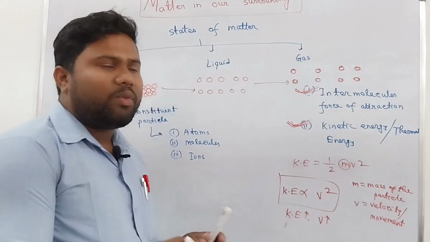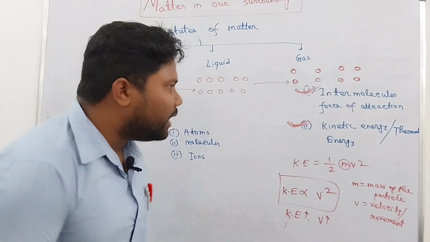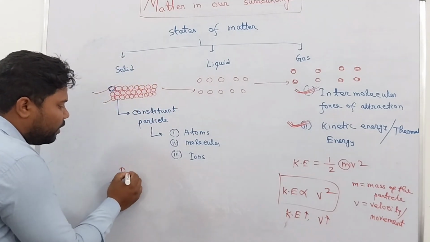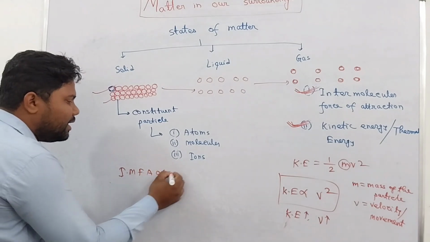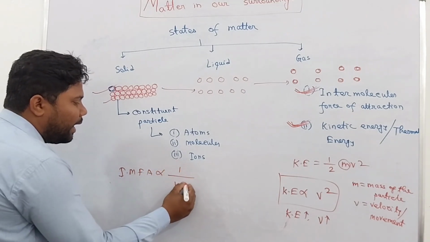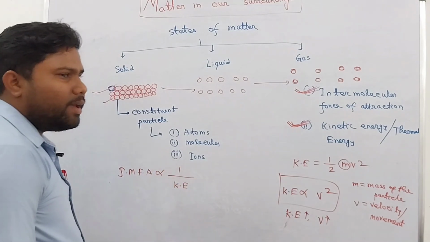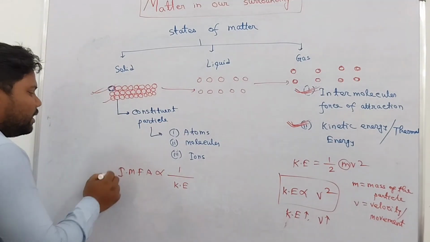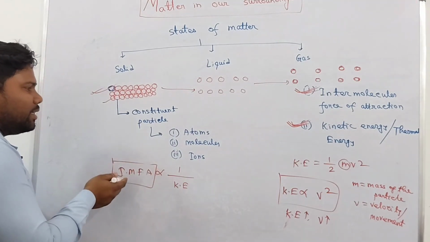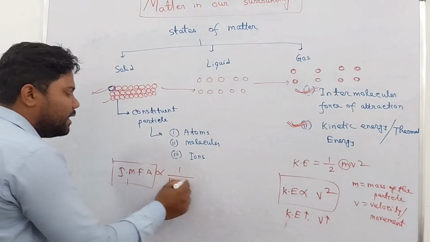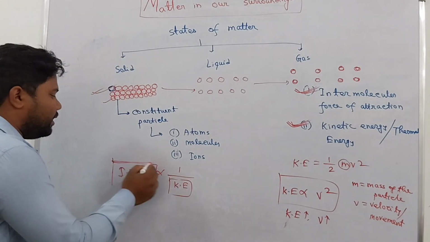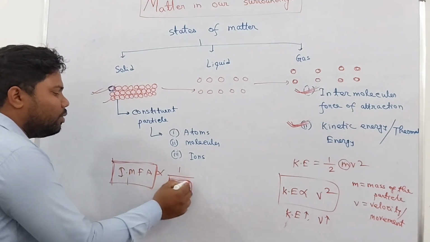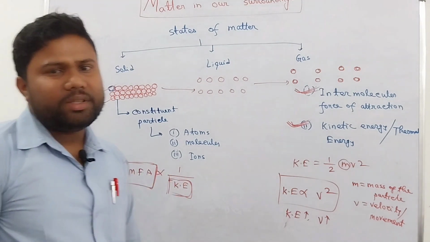So from this concept, we can conclude that intermolecular force of attraction is inversely related to kinetic energy. Why? Because in case of solid state, the intermolecular force of attraction is very high but kinetic energy is very less. That means these two factors are inversely correlated to each other.